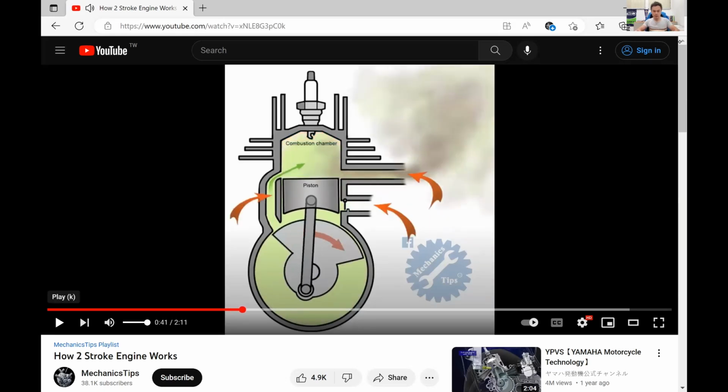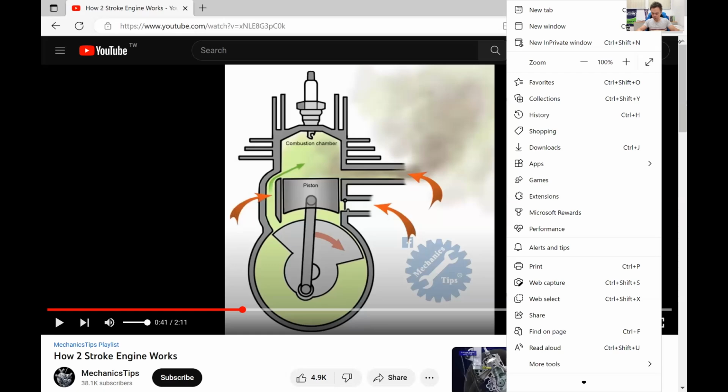All right, look at this. For a two-stroke engine, the piston is acting like a valve. You can see when the piston moves up, it covers the exhaust. This is the exhaust port. I cannot draw on it. Let me see.